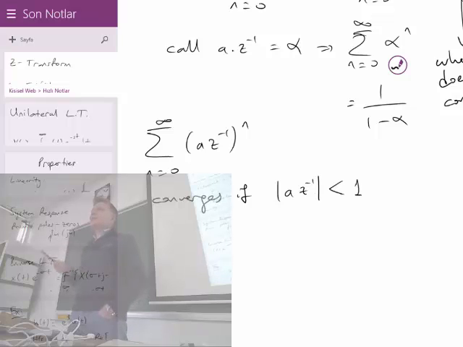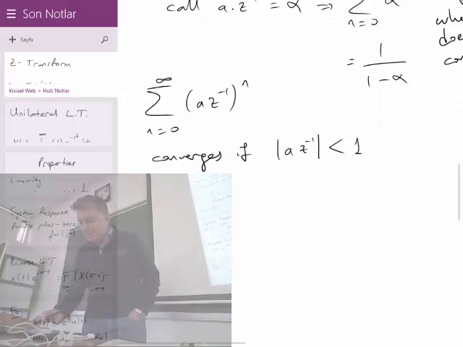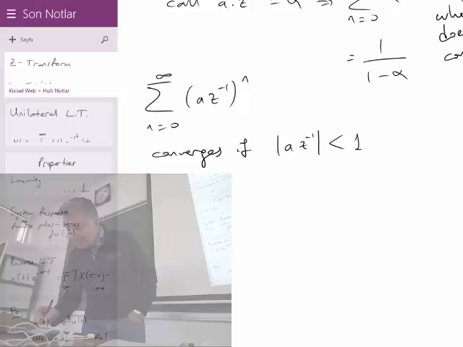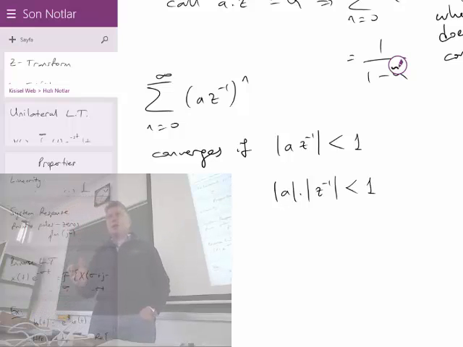I was just assuming that it was converging. But it converges only under this circumstance. And that means something. It says that a z inverse in magnitude is less than 1, which means a times z inverse magnitude is less than 1 because they are in multiplication form.